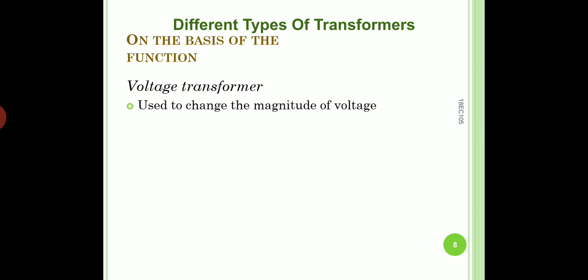Why? Because by increasing the voltage, the current comes down. When the current is less, the losses along the transmission line, which are I square R losses, will be minimum, and that is the very purpose of increasing the voltage for transmission.